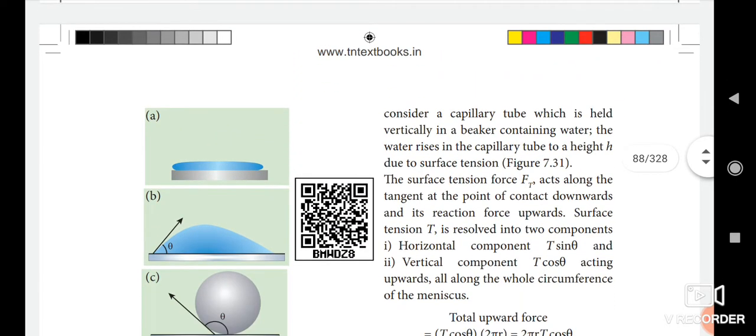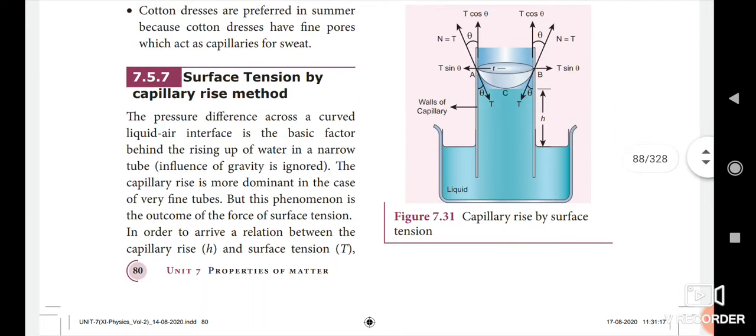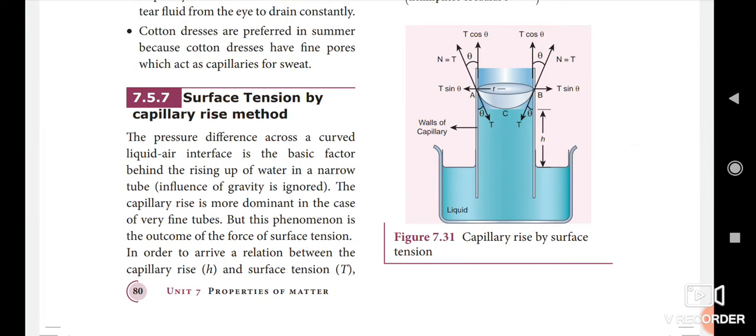consider a capillary tube held vertically in a beaker containing water. The water rises in the capillary tube to a height h due to the surface tension. See figure 7.31. Here consider that beaker. The beaker contains some water and one capillary tube is inserted into it. What happened? There will be a rise of water in the capillary tube.